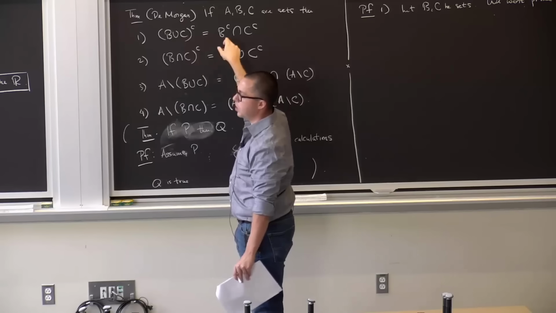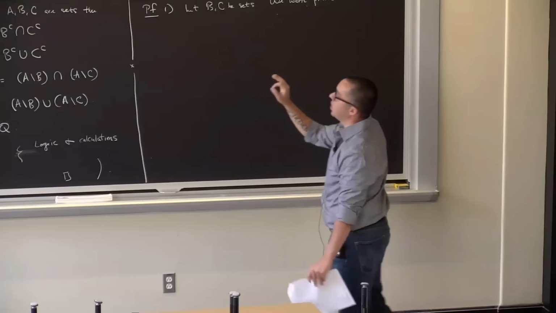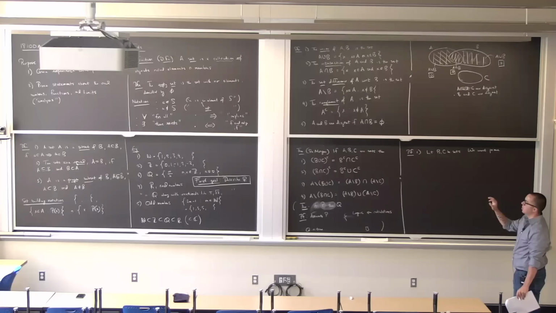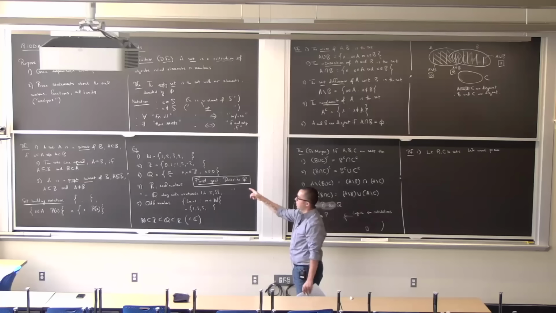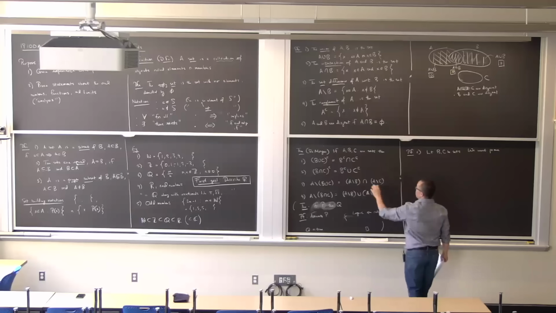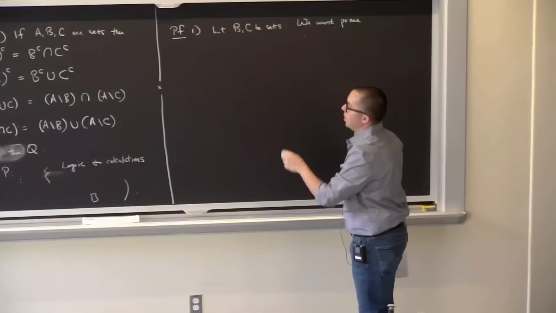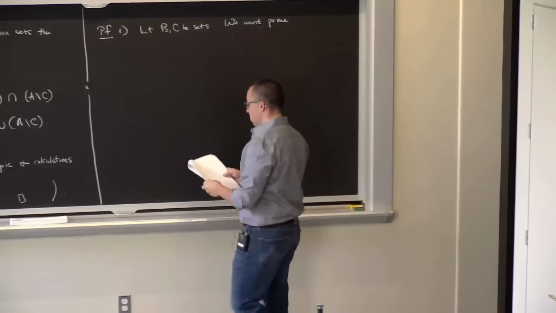Equality between two sets means something specifically, right? We have that in our definition. Over there, that two sets are equal if one is a subset of the other and vice versa. So that's what we have to prove. We have to prove that the left side, B union C complement, is a subset of B complement intersect C complement and vice versa.